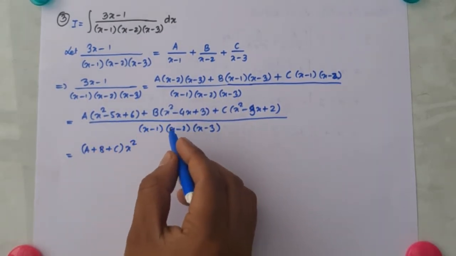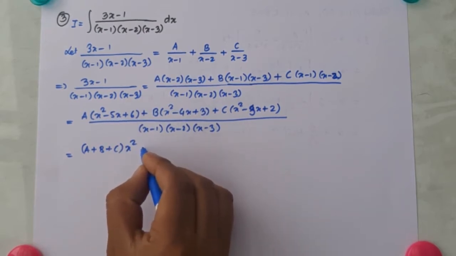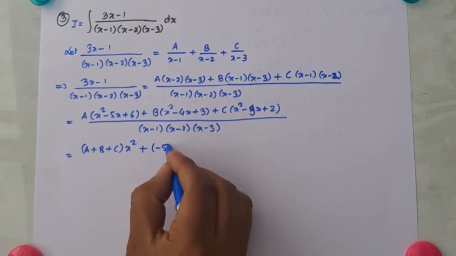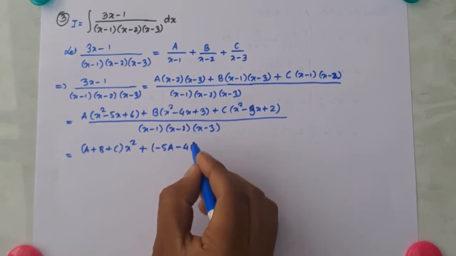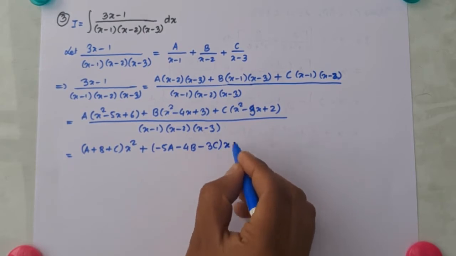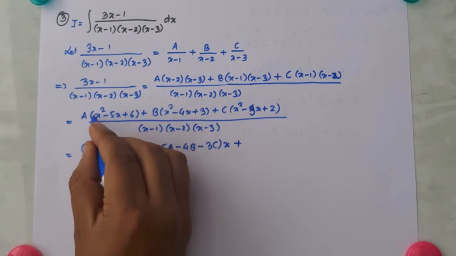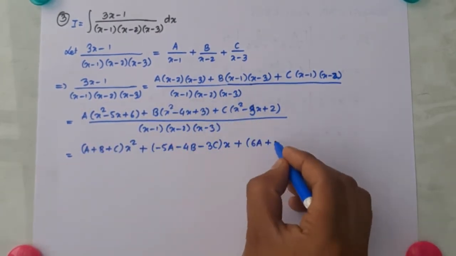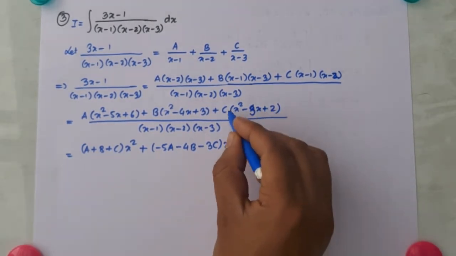Now the coefficient of x will be, see here carefully, minus 5a from this, minus 4b from here, and minus 3c from here. And the constant term that you find here is 6a + 3b + 2c.